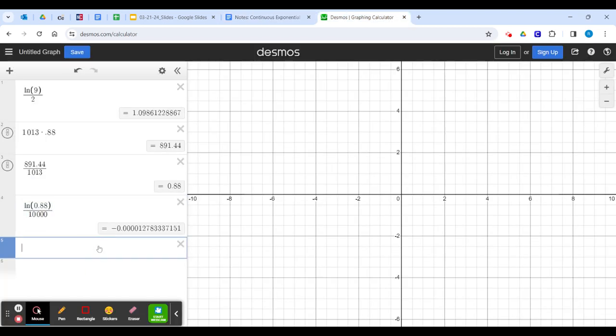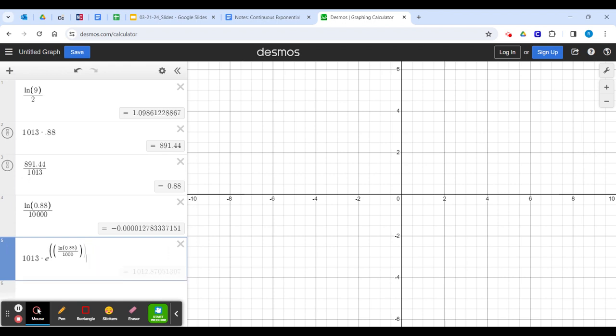Type that in where I get the 1013 times e raised to, I'm going to throw some parentheses to capture this, my ln of 0.88 divided by 1,000. Close that parentheses out, and then I'm multiplying. Notice how Desmos kicked it down, so let me throw that other parentheses out in front of it to help us get that.